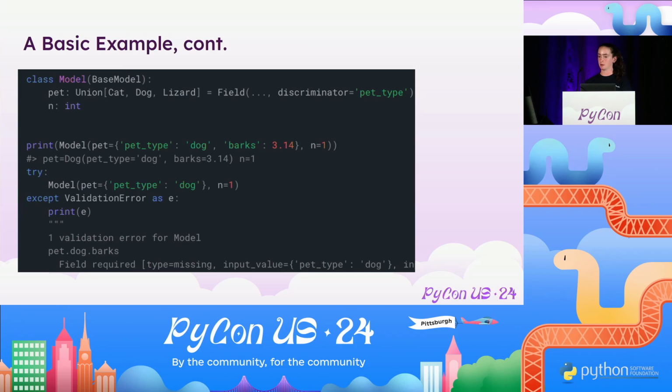So the result here is going to be the same, whether or not you use a tagged union or just a regular union, but this is much more efficient in that we check what the value of the pet type data coming in is. We see that it's dog, and then we only validate against the dog class. So you can imagine if you either have a union with many, many members, or if the members of your union have many fields, this is going to be much more performant.